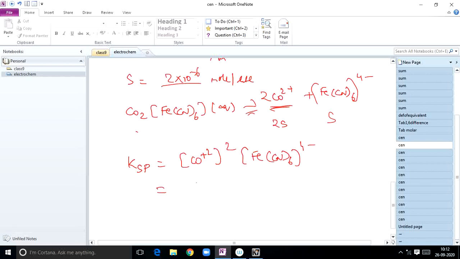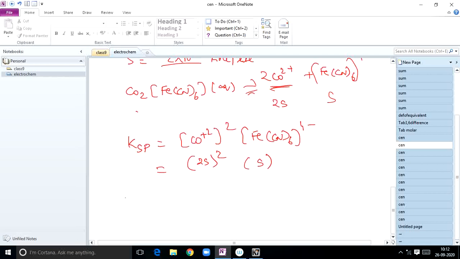In place of Co2+ you take 2s whole square, and here it is s. So Ksp is equal to 4s cube. You learn in ionic equilibrium how to write all these. So 4 into 2 into 10 power minus 6 whole cube. Solve this and you will get the Ksp value.